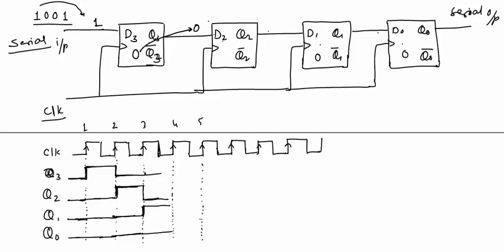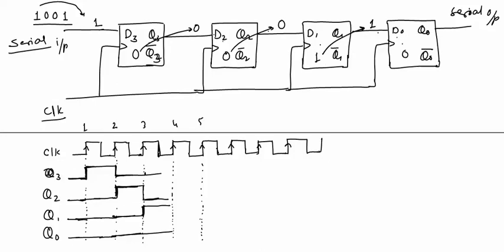This will be available as input to this flip-flop. Q2 is logic 0, so this flip-flop stores logic 0. This will be available as input for this flip-flop. Q1 stores logic 1, so this logic 1 will be available as input for this flip-flop.